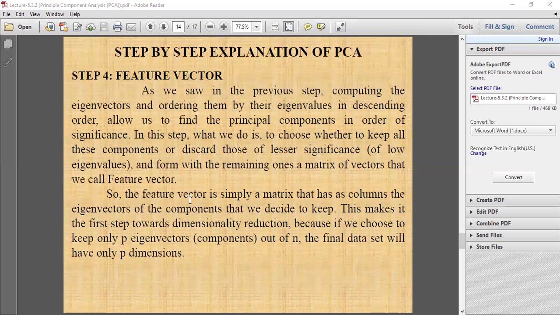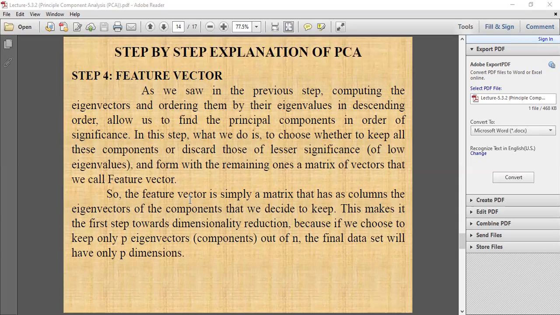So next step, the feature vector. As we saw in the previous step, computing the eigenvectors and ordering them by their eigenvalues in descending order allows us to find the principal components in order of significance. In this step, what we do is choose whether to keep all these components or discard those of lesser significance, with low eigenvalues, and form with the remaining ones a matrix of vectors that we call the feature vector.